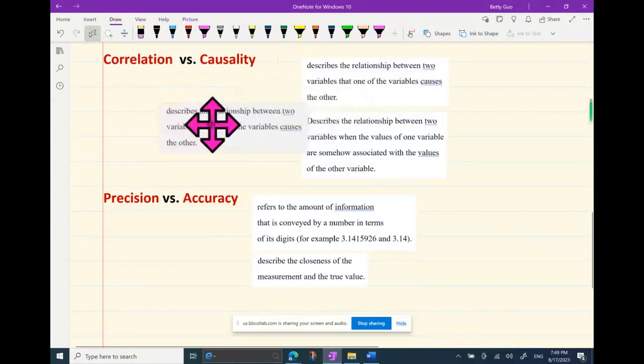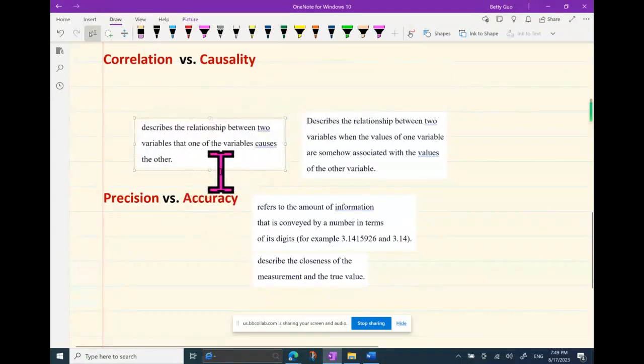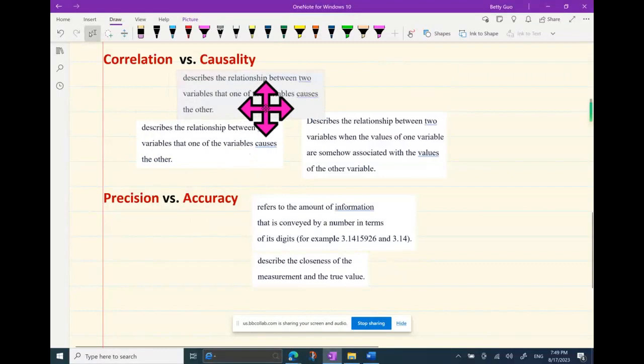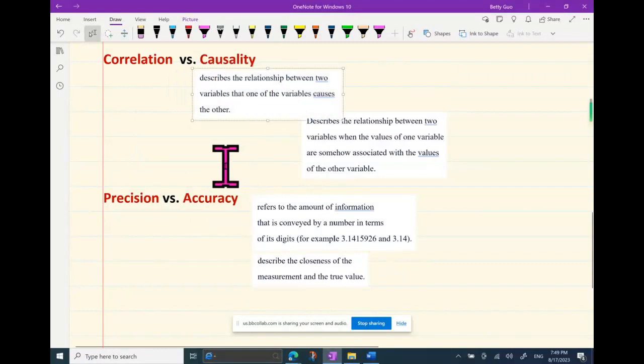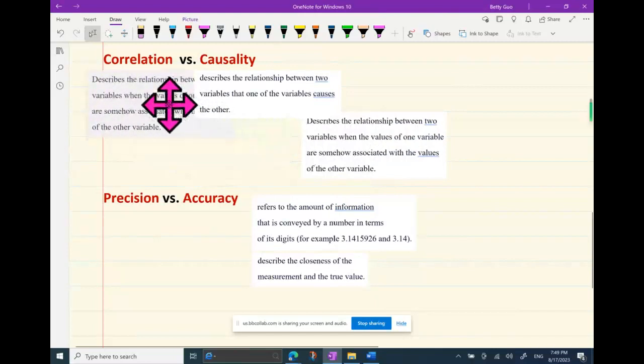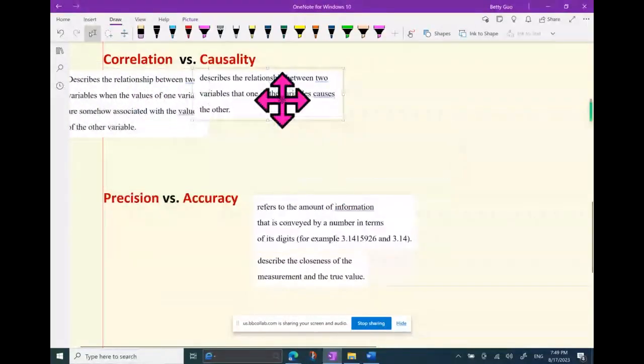So which one should we match here? What describes the relationship between two variables where one of the variables causes the other? From the keyword we know this one should go to causality, right? And this one would go to correlation. Let's see the definition of correlation.